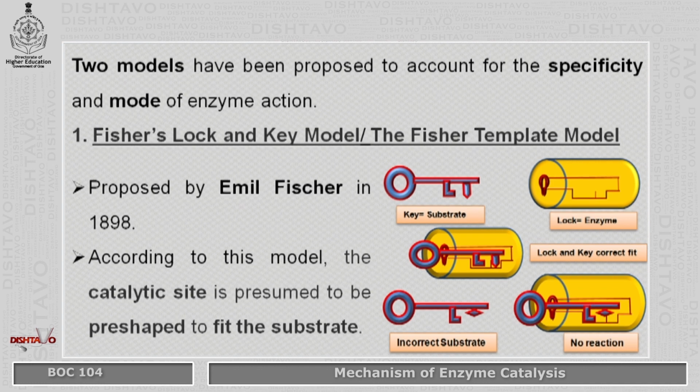So in this analogy, the lock is the enzyme, key is the substrate. The correct key fits into the correct hole of the lock and it opens the lock. If the key is smaller or larger, or if the teeth on the key are not positioned correctly, it cannot open the lock.